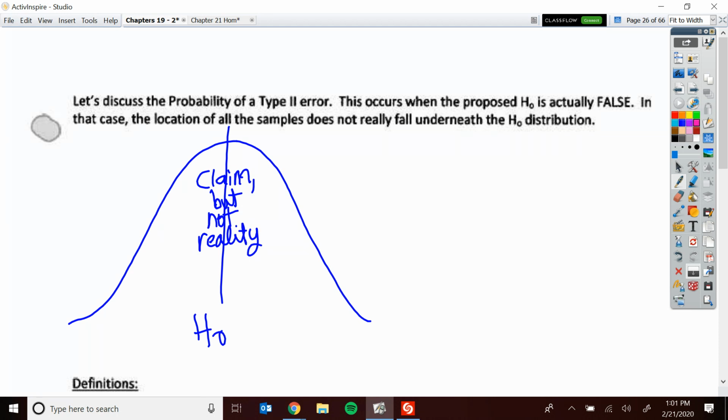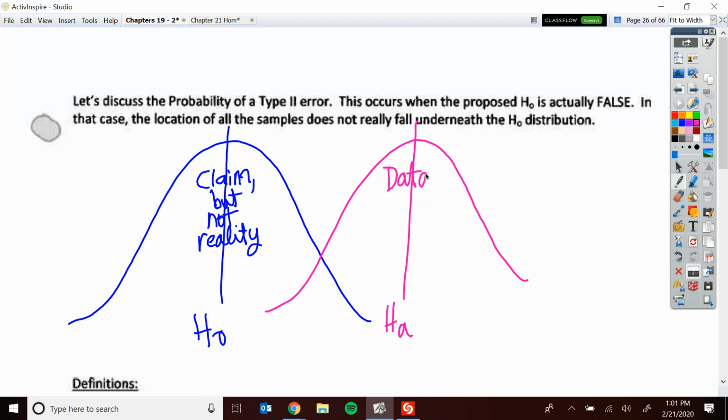Where is the data located? Somewhere else, and we're going to say it is centered around HA, wherever that is. So our data is here. We're actually going to spend a lot of time on this picture, so I want us to take a few moments to put a lot of p-hats in here so that we can see all of what's going to be happening.